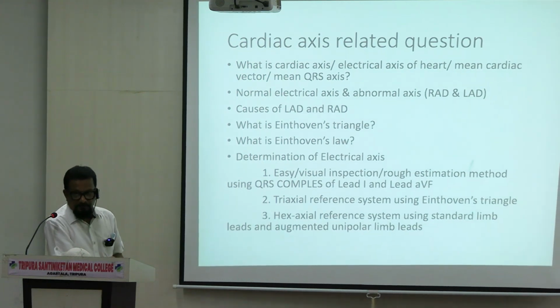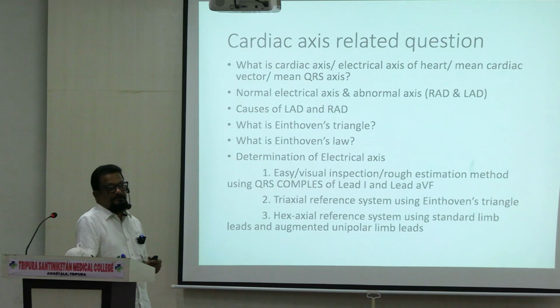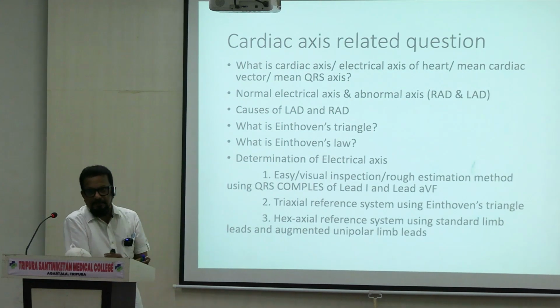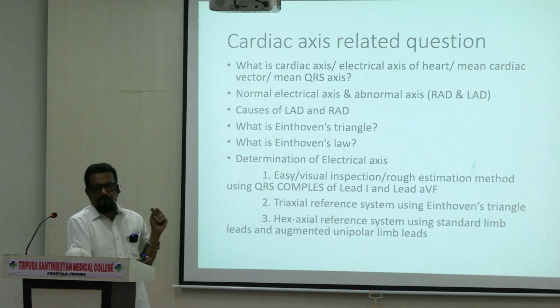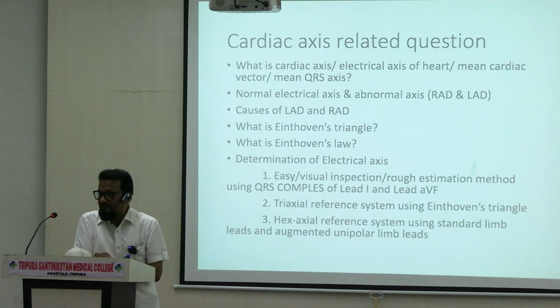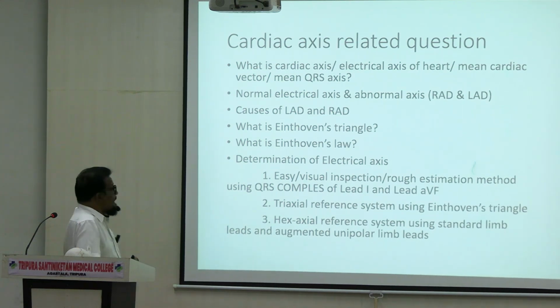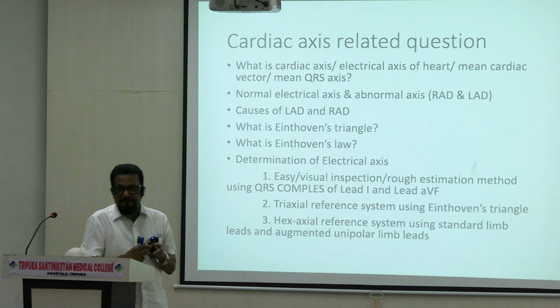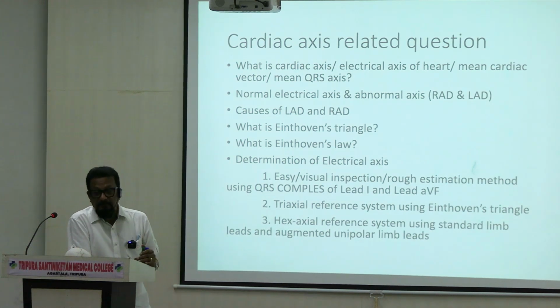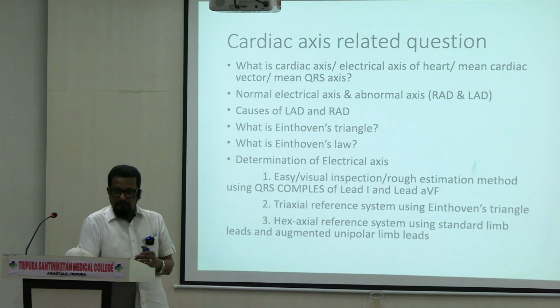There are various methods. One is an easy method. By seeing the electrocardiogram, you can immediately tell whether the axis is normal or there is right axis deviation or left axis deviation. There are some other methods using Einthoven's triangle, so that method we also learned.